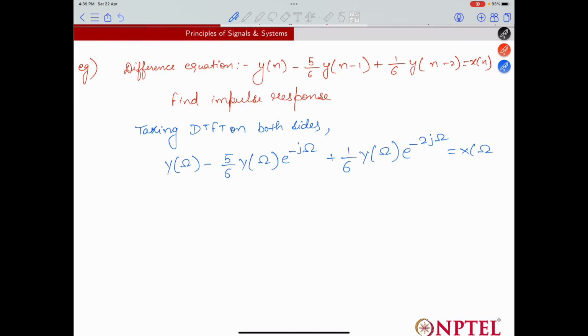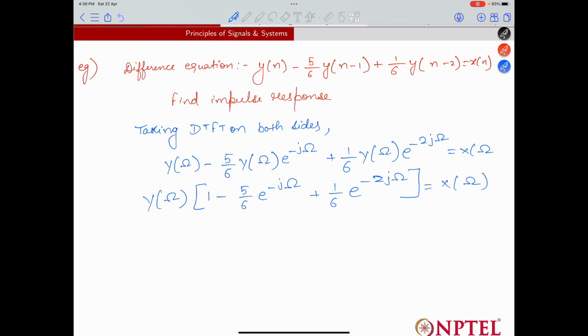Now we take Y of omega common, then it will become 1 minus 5/6 e to the power of minus j omega plus 1/6 e to the power of minus 2j omega, that is equal to X of omega.